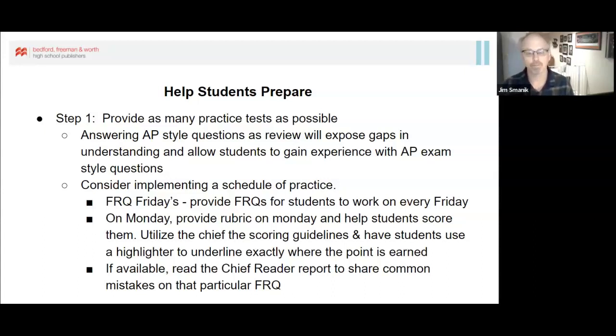Let's make sure you don't have them, because if that report says students had this misunderstanding, that means like 100,000 of them probably had that, which means your students probably do too. I got humbled very quickly, and it helped my students because I just assumed they had that, and there's no doubt in my mind that by using the Chief Reader Report, I've helped them.